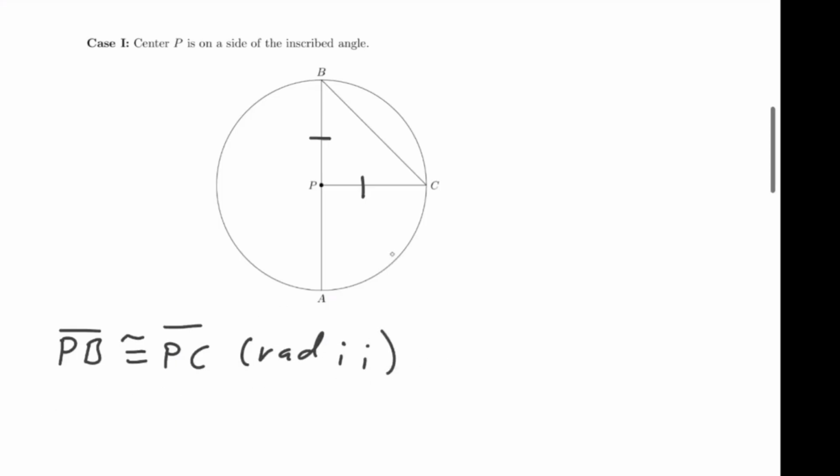And of course, this implies by the isosceles triangle theorem that the measure of angle B is equal to the measure of angle C.